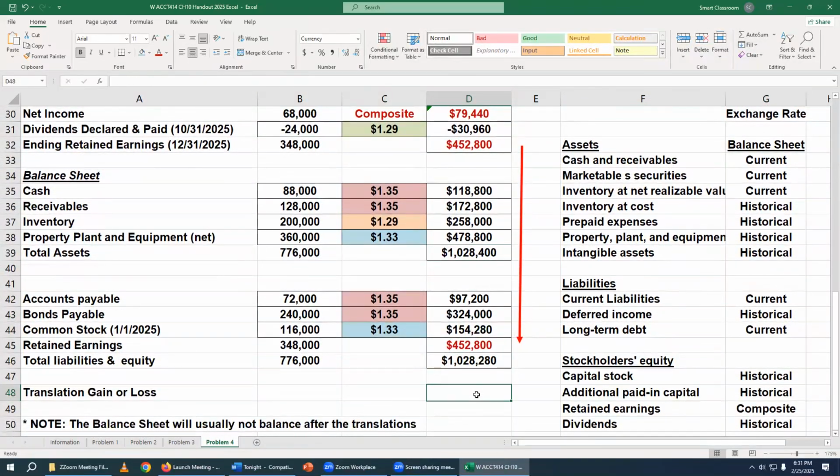Wow, this one's pretty close. That's almost freaky close. It's only off by 120. All right, well, we have more assets than things we owe, so that's a gain.